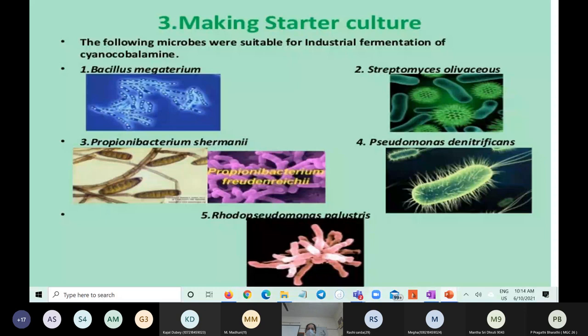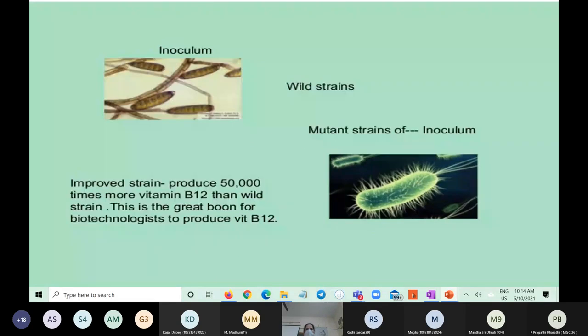Its wild strain will not give the result given by the mutant strain. The improved strain produces 50,000 times more vitamin B12 than the wild strain, so the mutant strain will be used as the inoculum for the preparation of vitamin B12.